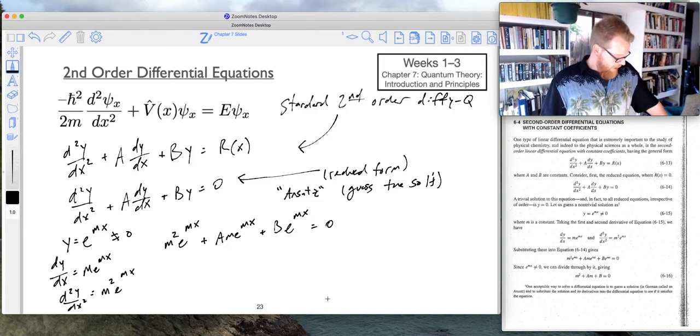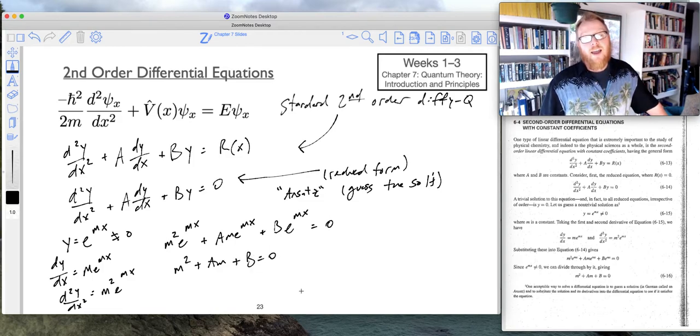And so now we can play a little algebraic trick. Notice here we have e to the mx in every single term, so I'm going to divide all of that out and say m squared plus am plus b equals 0. And look at that.